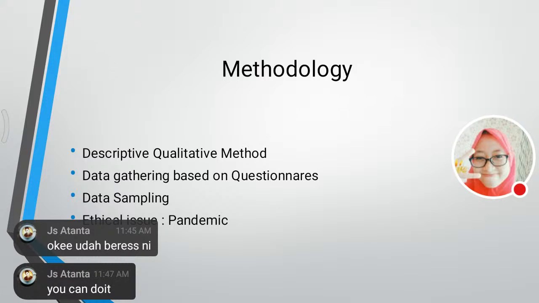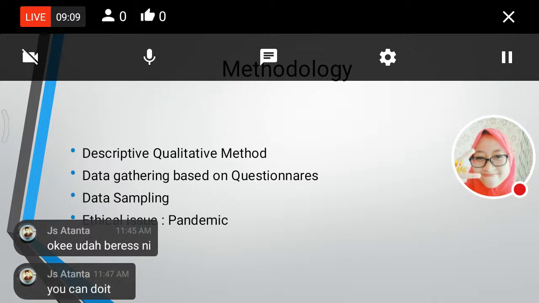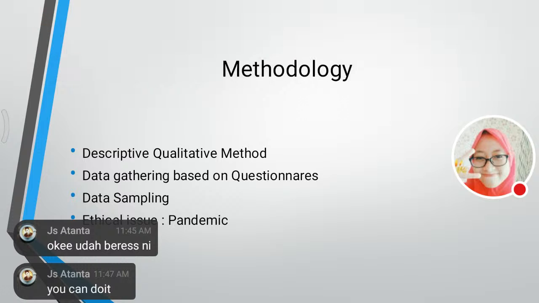So, move to the next slide. The methodology that is used for this research is actually descriptive qualitative method.